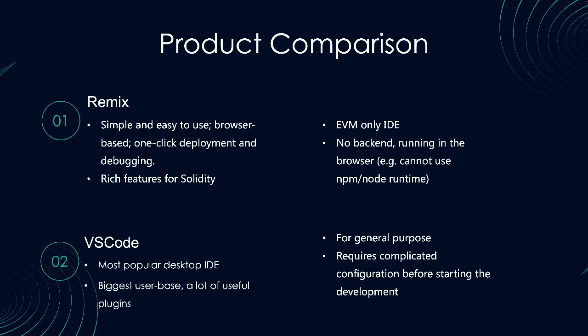The second one we want to compare with, and learn from, is VS Code. It is not a blockchain IDE, but it is the most popular desktop IDE and the most popular free IDE. Compared to Remix, Chain ID is very easy and simple to use. It is also browser-based, and has a very simple interface.